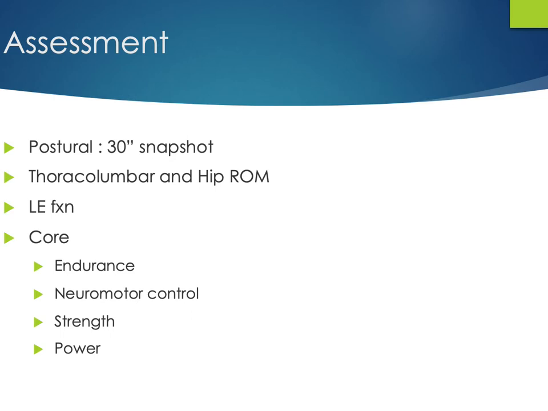You can also just come to think about, you guys, that your exercise, and we've said this in other lectures, is that your test is your treatment and your treatment is your test. So let's say that we don't go over a test today, but someone comes in and they tell you that they are a snowboarder, right? And so they're doing a lot of what we would consider maybe frontal plane mobility.